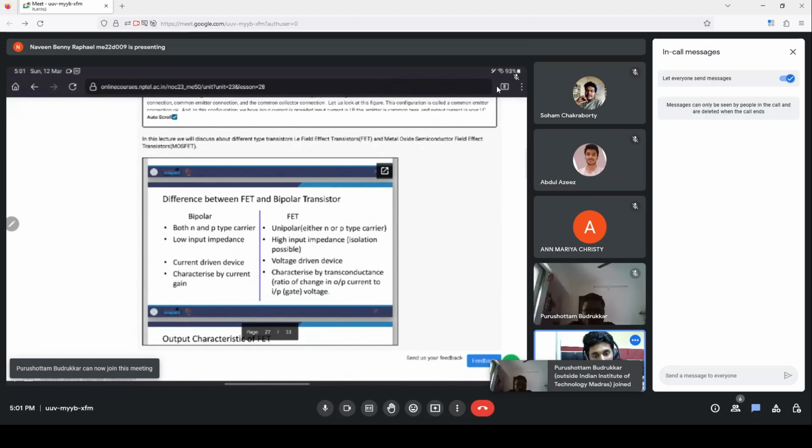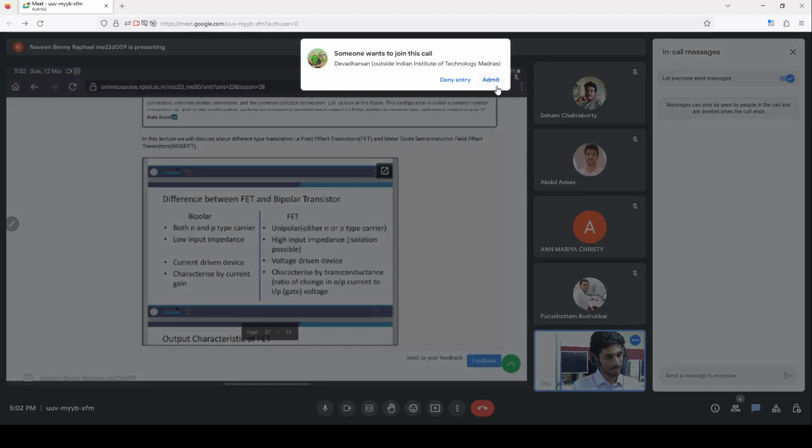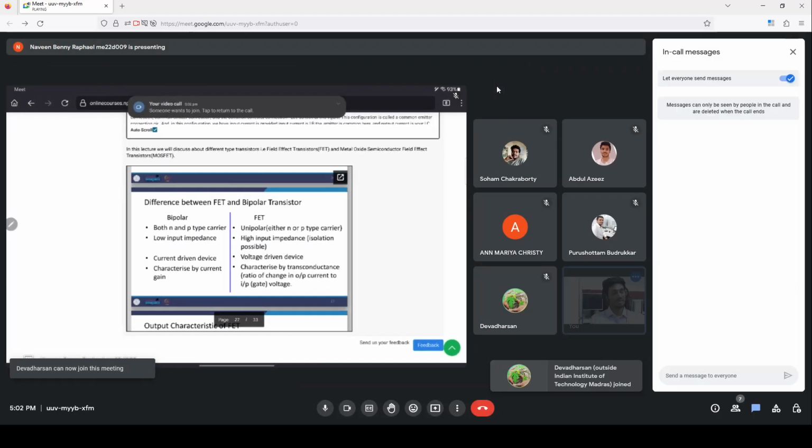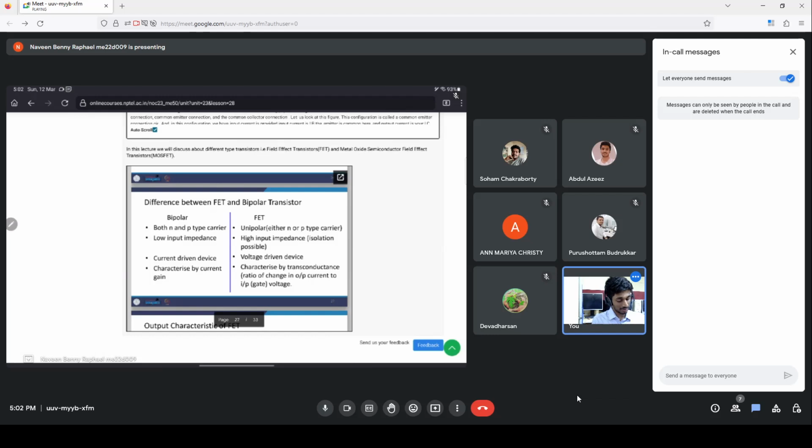Last week there was a question about why the FET had high input impedance and the bipolar junction transistor had a low input impedance. I have clarified this. For a good switch, it is necessary to have a high input impedance because we do not want it to accidentally switch on.